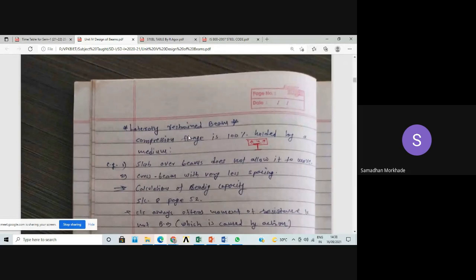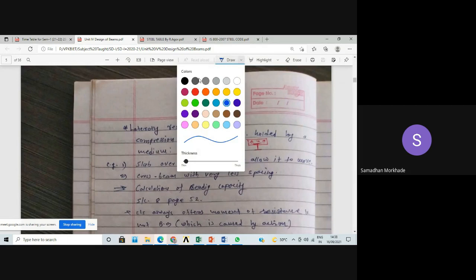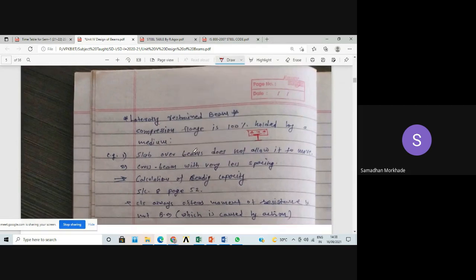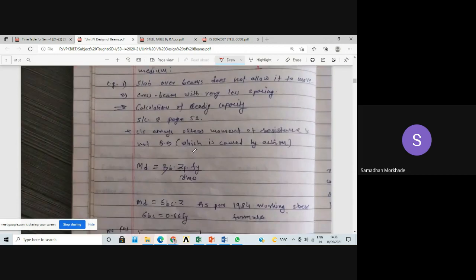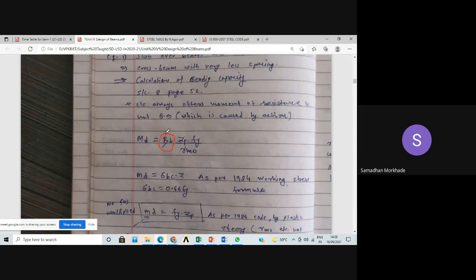After that, the detailed formulations of the IS code for laterally restrained beams. We have discussed that MD is equal to beta B ZP Fy by gamma m naught. Beta B takes care of the section property.